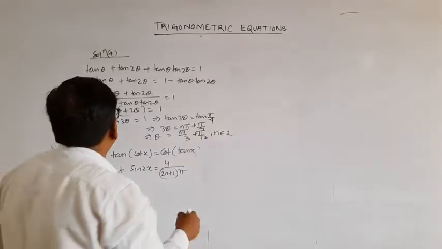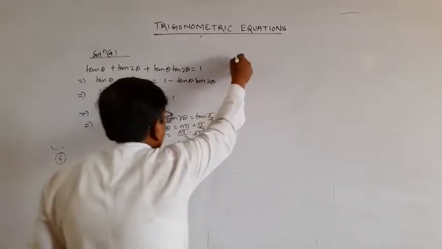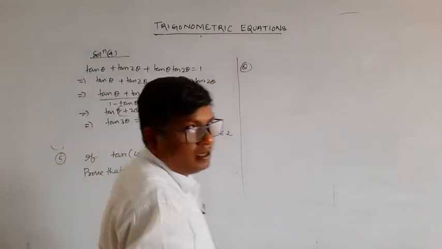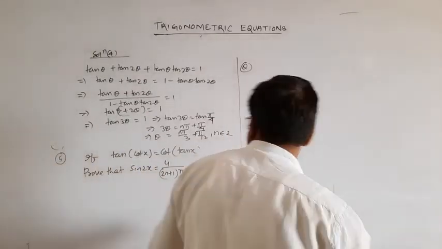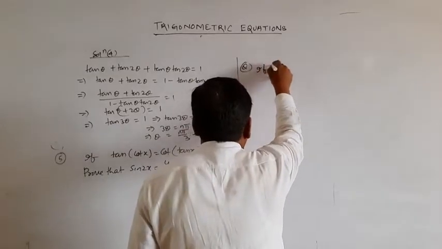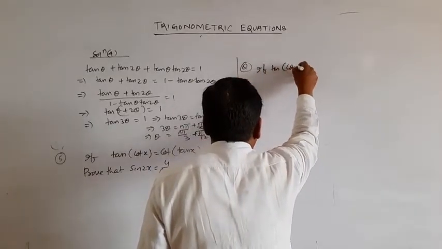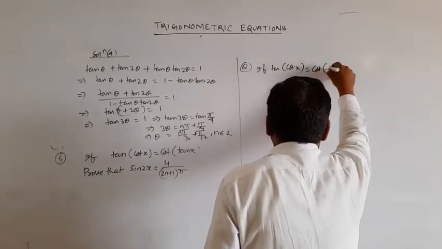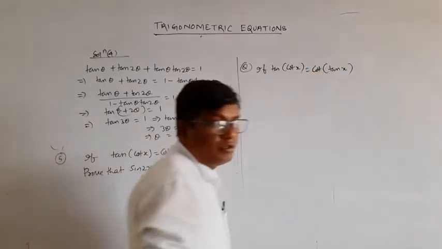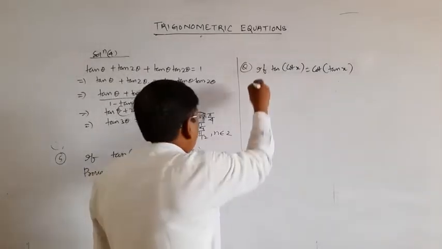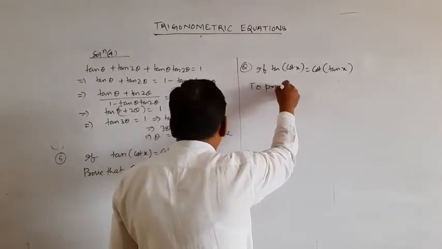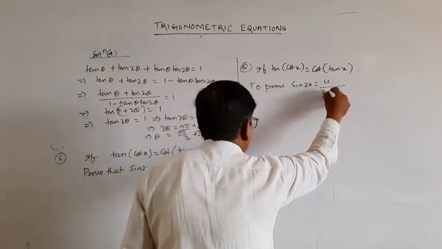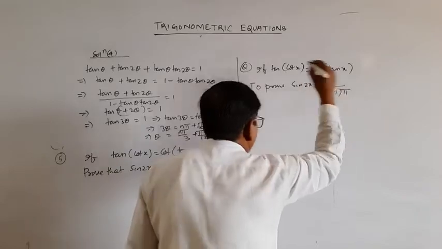Now question number 5, the proof of question number 5. If tan of cot x is equal to cot of tan x, prove that sin 2x is equal to 4 by (2n plus 1) into pi.